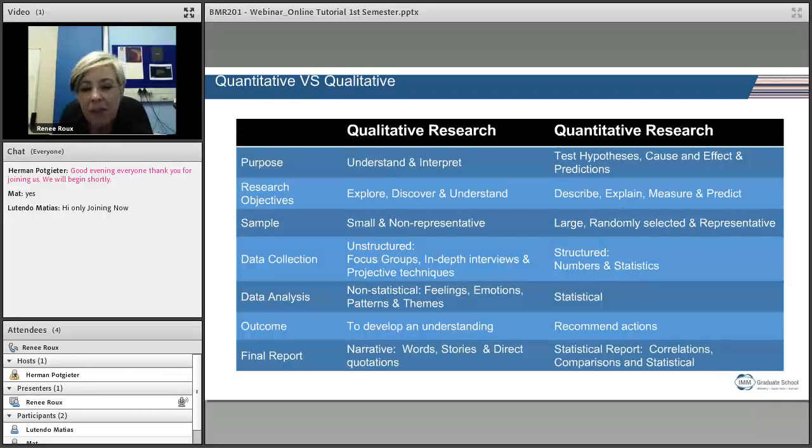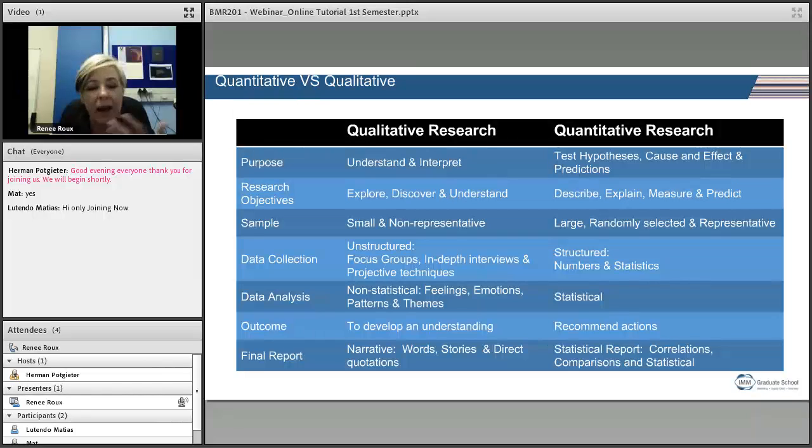The samples are also different. With qualitative, it's small and non-representative, where quantitative is large, randomly selected, representative samples. For data collection, qualitative is very unstructured, so you don't have a formal questionnaire. It's a flow of conversation.